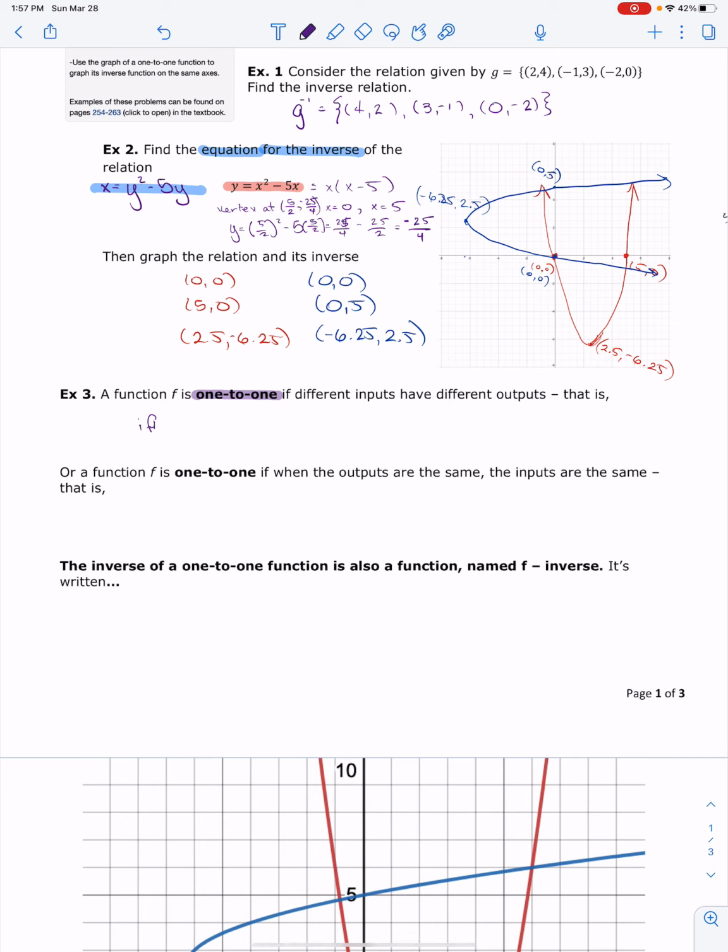That says if different inputs, so some x that I choose, I'm going to call it x sub 1, does not equal x sub 2, does not equal that other x that I find. If my inputs are different, then my outputs are going to be different.